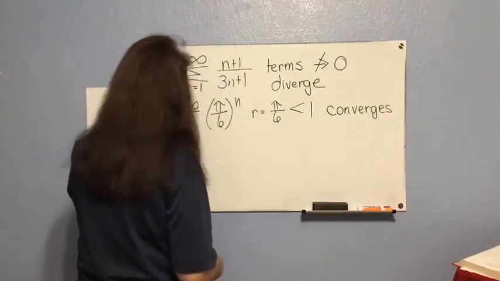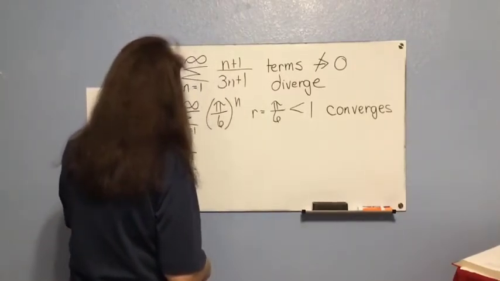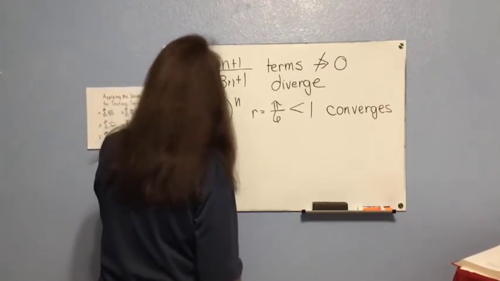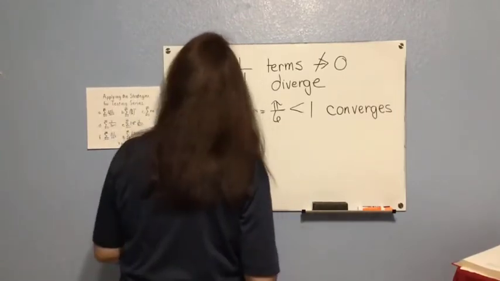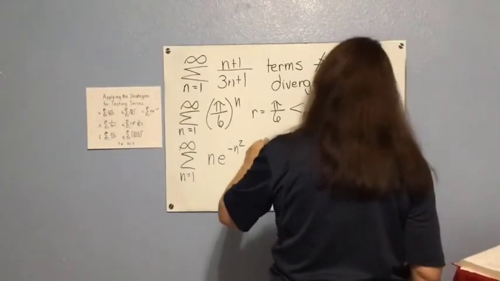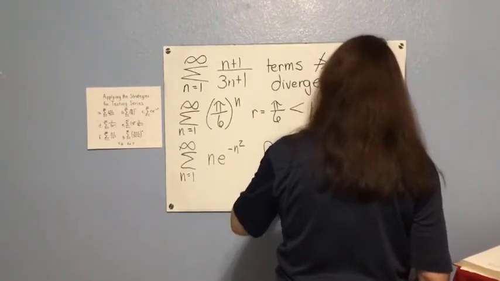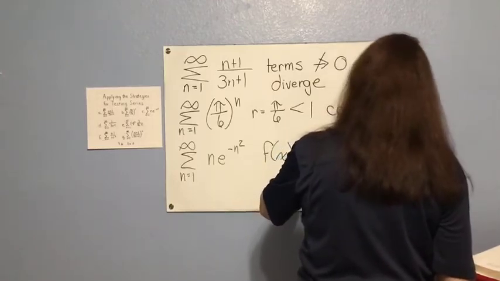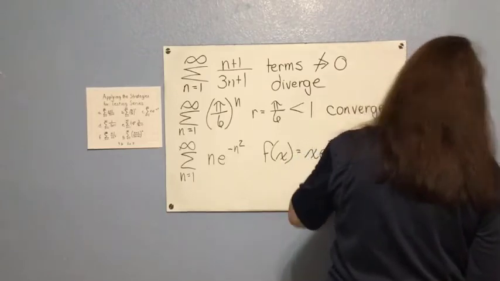Okay, the third one here. In this one we're going to look at the function f of x that's equal to x times e to the negative x squared.